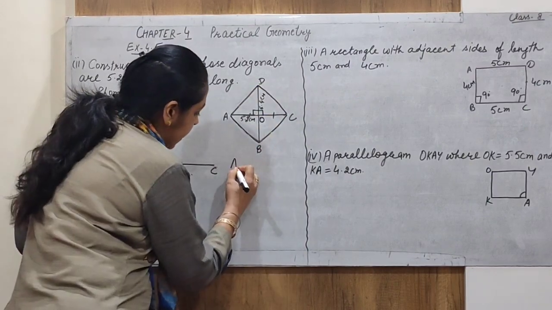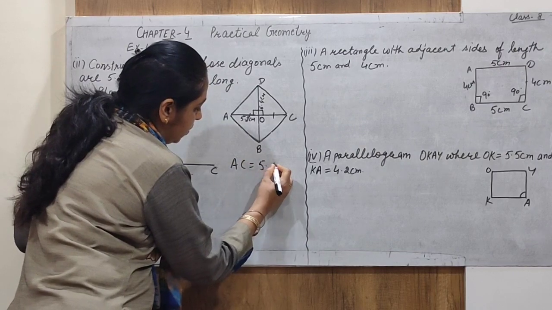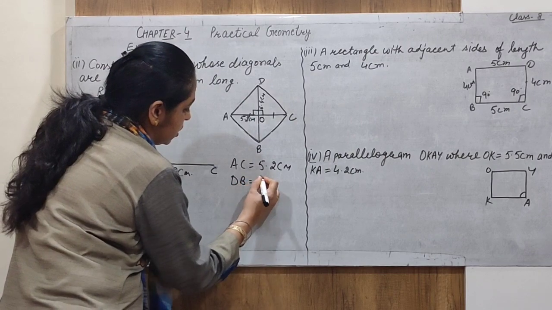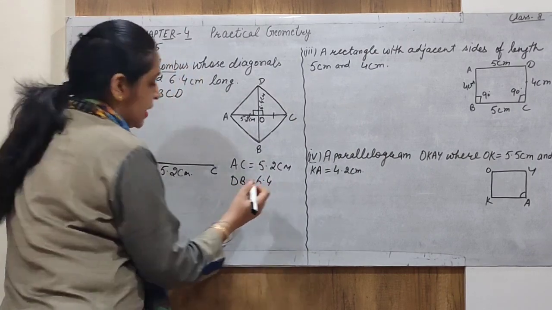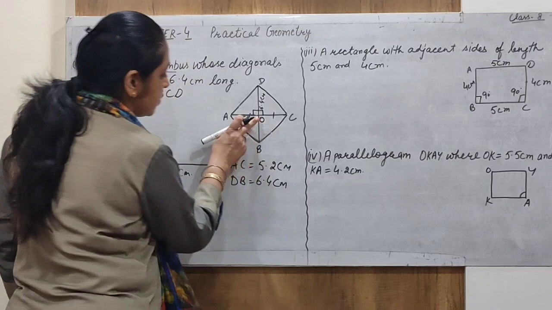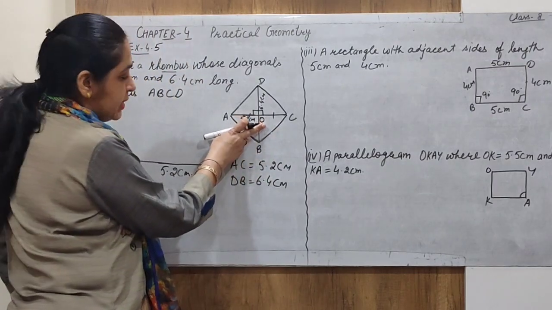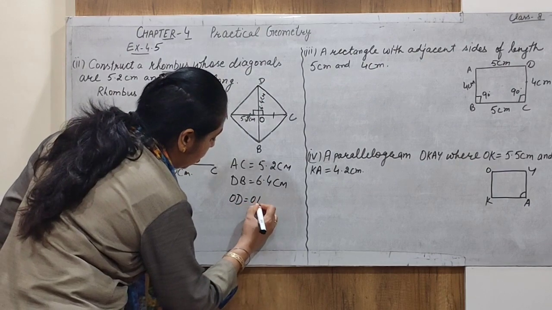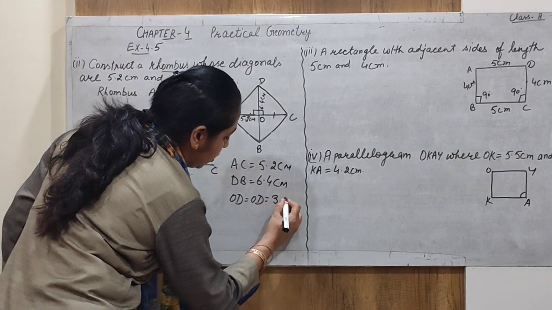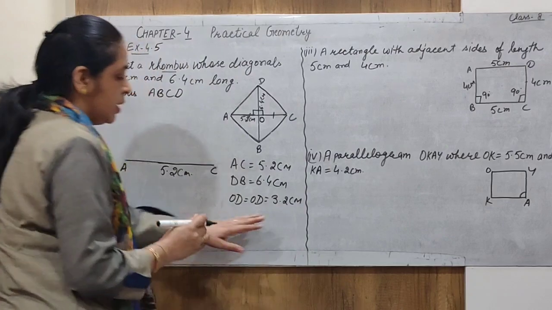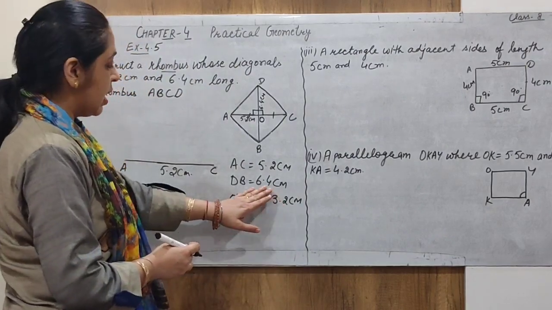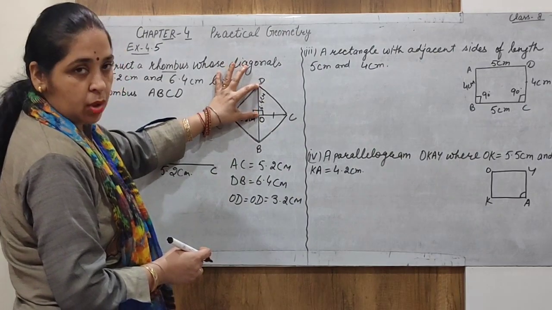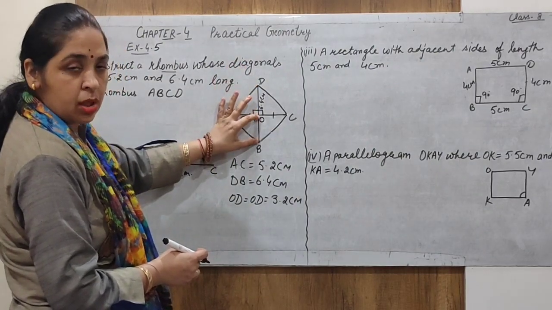That is, AC is equal to 5.2 centimeters and DB is equal to 6.4 centimeters. So if we select one point at the center, then OD is equal to OB, which is equal to 3.2 centimeters, half of 6.4: 3.2 on the upper side and 3.2 on the lower side.